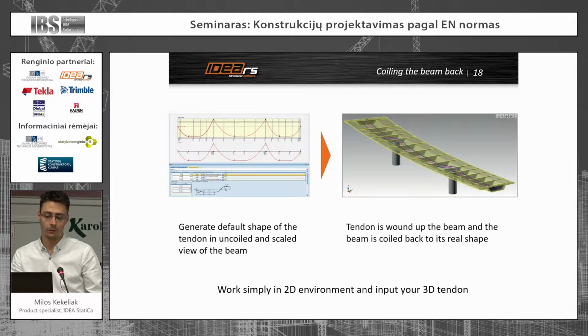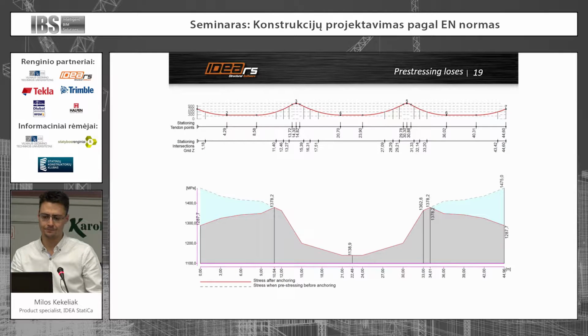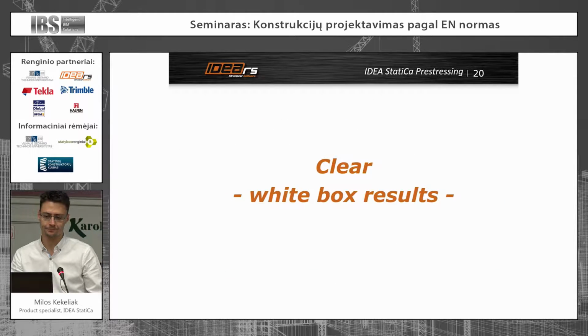Subsequently, the geometry is exported back to the 3D environment and is calculated. Here is the example where a 3D tendon is presented as a two-dimensional space, and there is an example of stress losses.